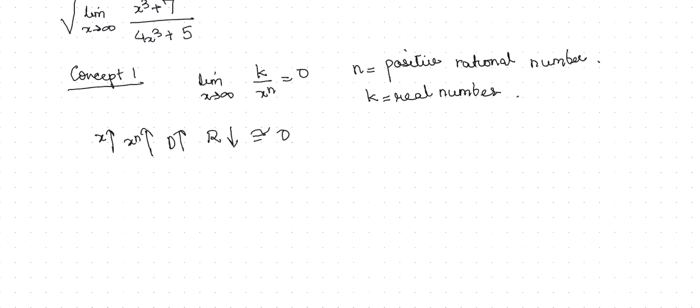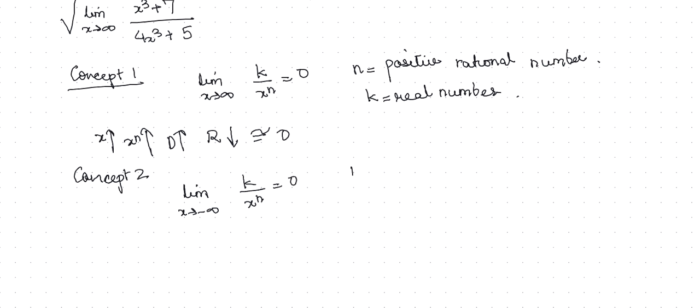Another similar concept is that the limit as x tends to negative infinity of k over x^n is also equal to 0. This has the same logic.